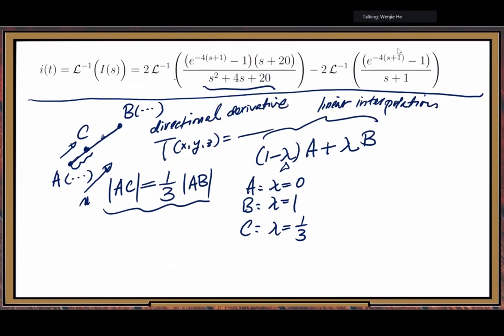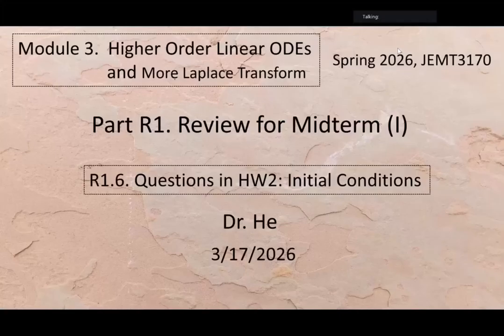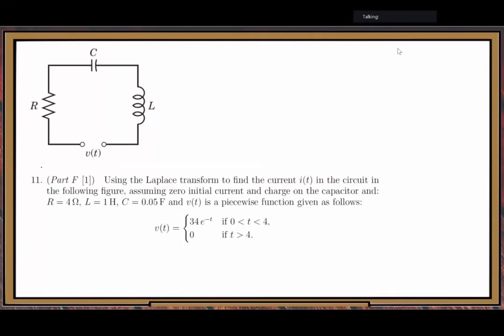There is some subtle step we need to consider. This is Question 11 of our homework assignment number 2.